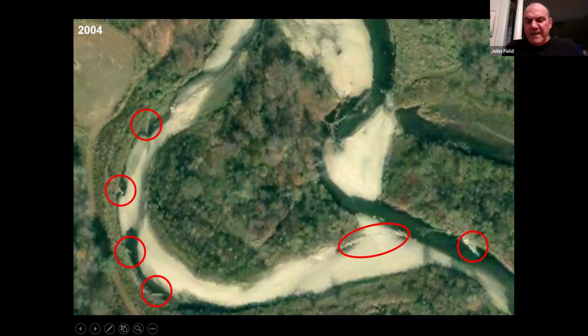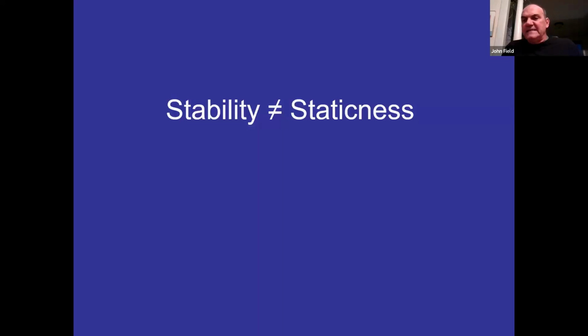What the river management program learned the hard way is the third parable of river processes, that stability does not equal staticness. River stability does not mean the river stays in the same place over time. We have to manage rivers with the ability to change positions over time.